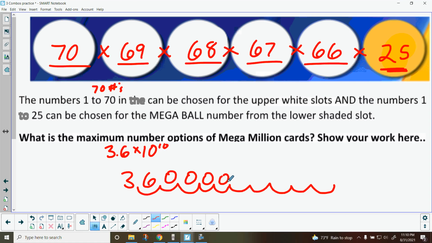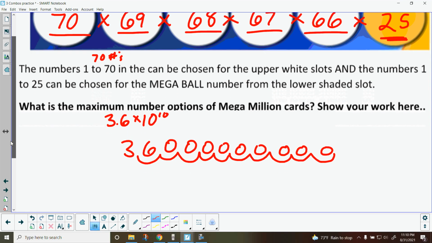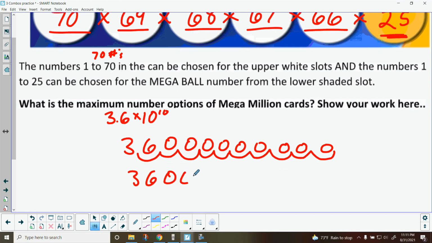I'm going to rewrite it so you can see it. Comma, 1, 2, 3, comma, 1, 2, 3, comma. So, 36 billion, 1 out of 36 billion. Hundreds, thousands, millions, billions. 36 billion. You too could be that lucky one out of that.